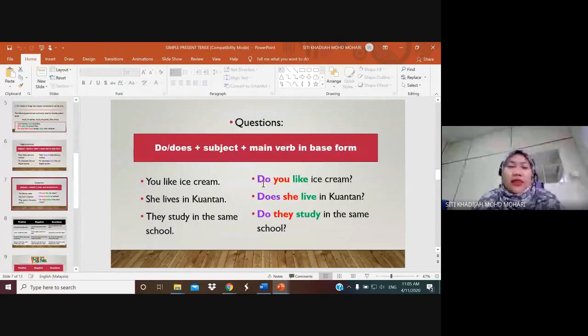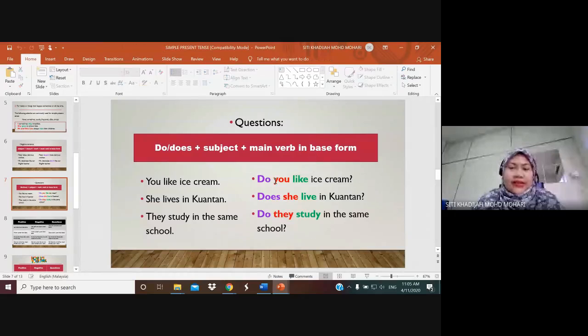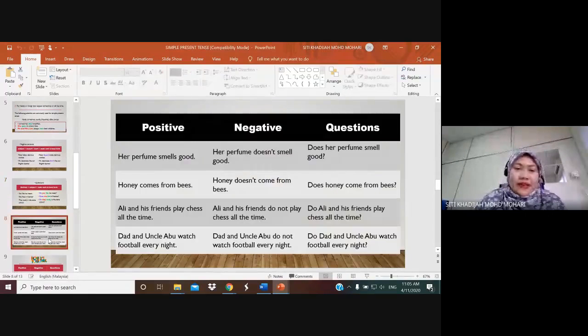This is how you come up with questions. Does for singular nouns, and do for plural nouns. For I or you, we still use do, as an exception. Do I like ice cream? Do you like ice cream? Okay, this is the summary. A positive statement is like this. A negative statement should be like this.